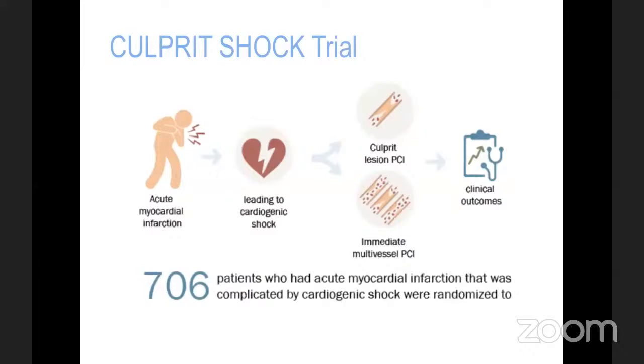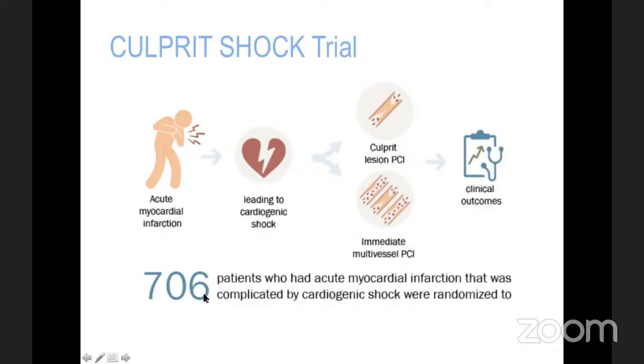In the CULPRIT-SHOCK trial, and actually this is a cardiology trial, not a surgical trial, they divided the patients into two groups: the group with culprit-lesion PCI only and the group with immediate multivessel PCI. Patients came with acute MI and were divided into two groups. One group had PCI only for the infarcted artery, and the other had PCI for all the vessels.